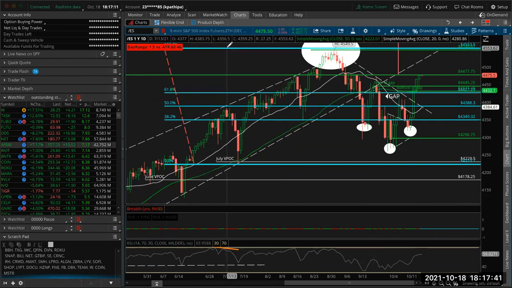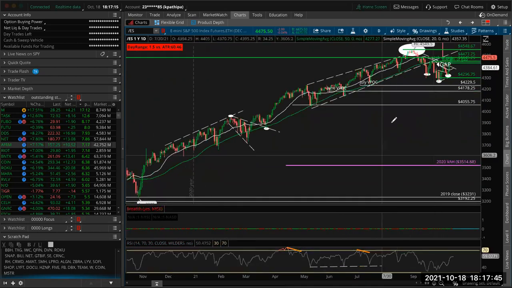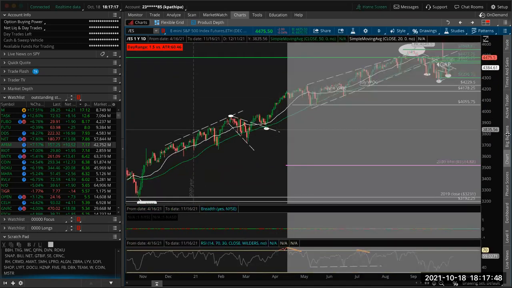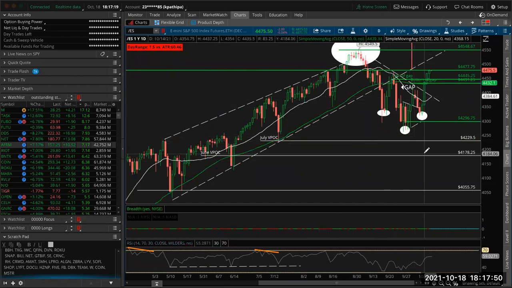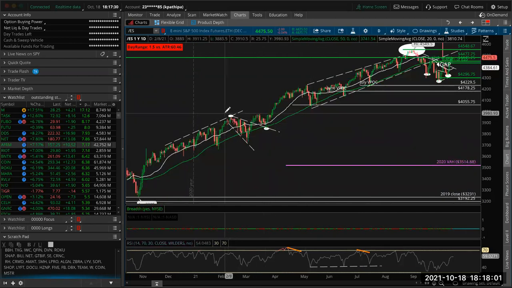Okay. And again, as I said, the price action is more important than anything else. The price action, just the price action is more important than anything else. I mean, last time I was saying, this is something I have been seeing for a very, very long time.